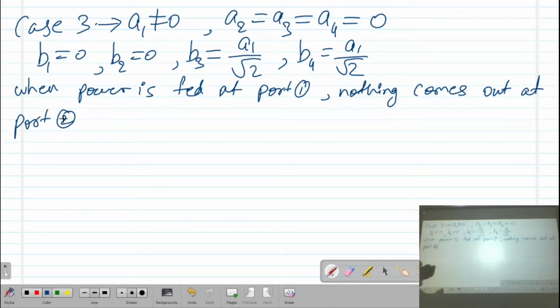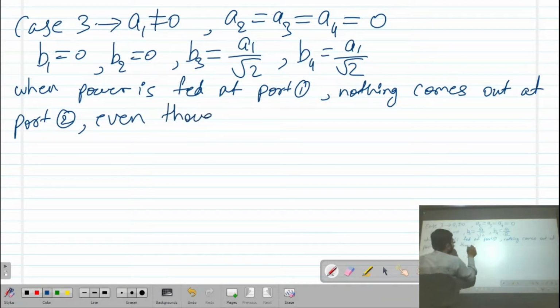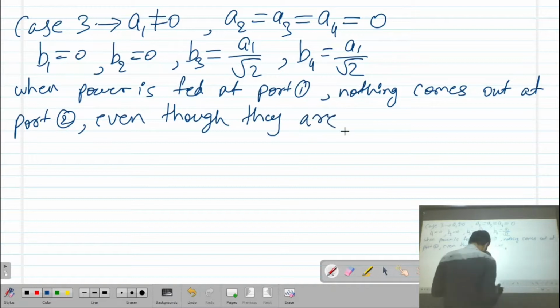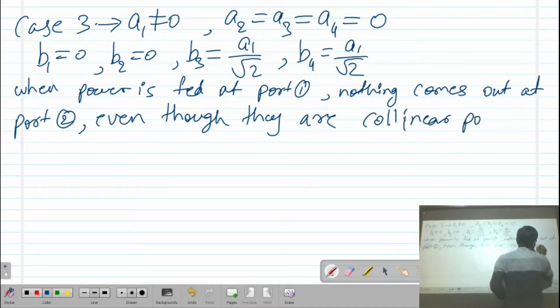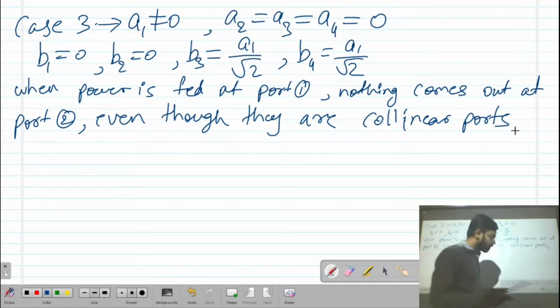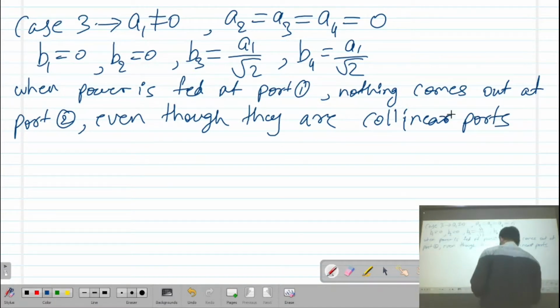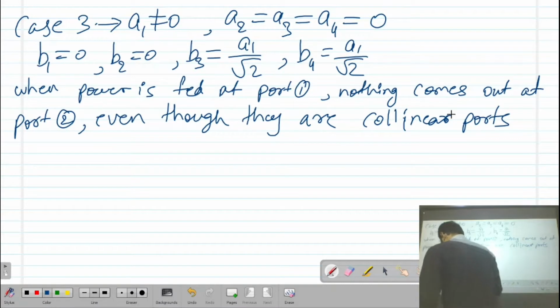Even though they are collinear ports, okay? Even though they are collinear ports, they are known as magic.